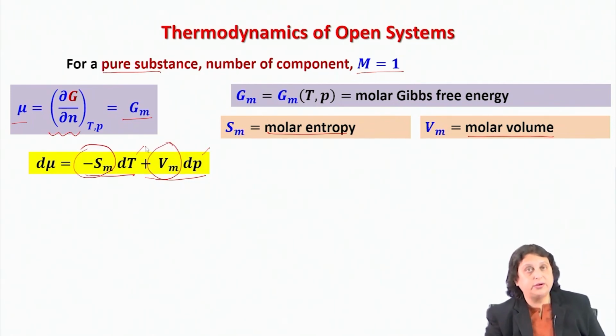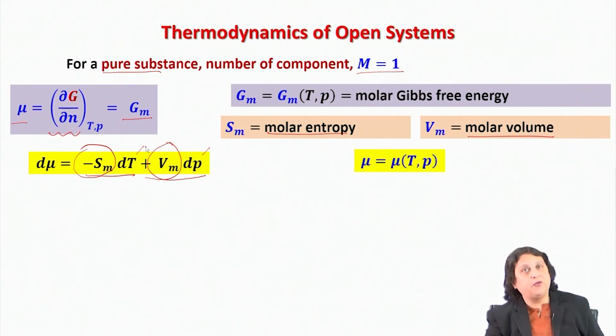But these are quantities which are independent of the number of moles present in the system. Therefore, on the whole, this expression expresses the variation in the intensive quantity mu as a function of temperature and pressure.